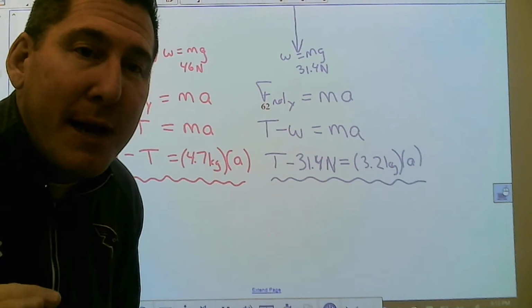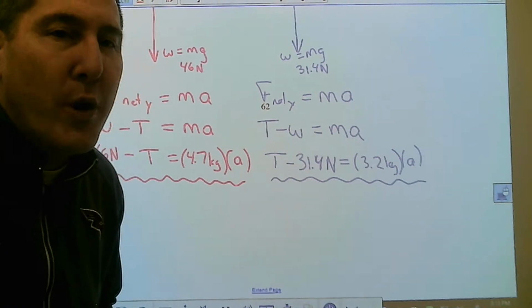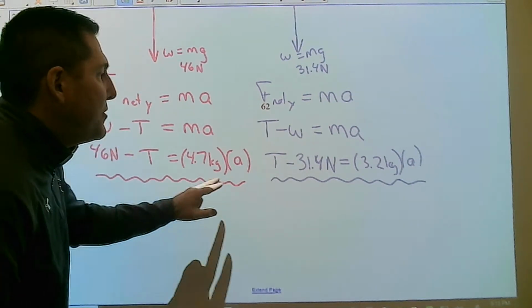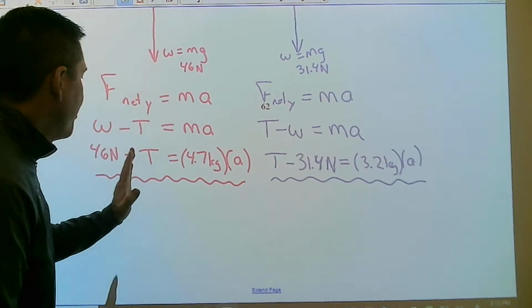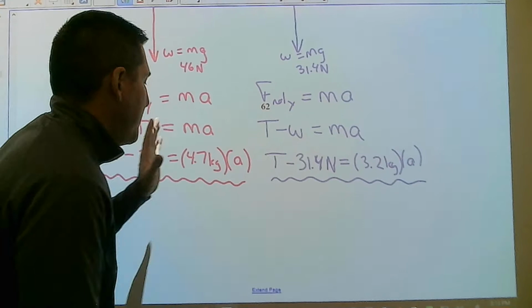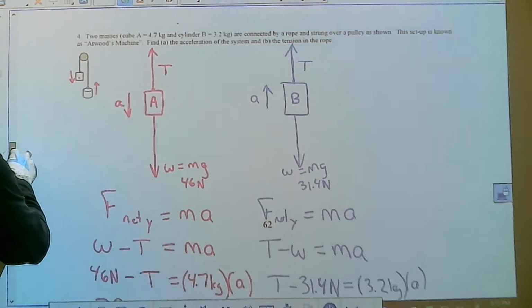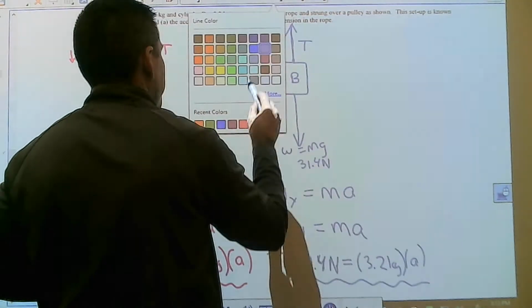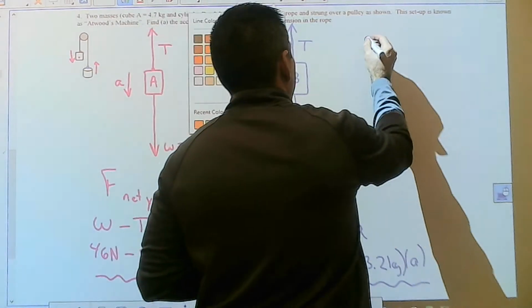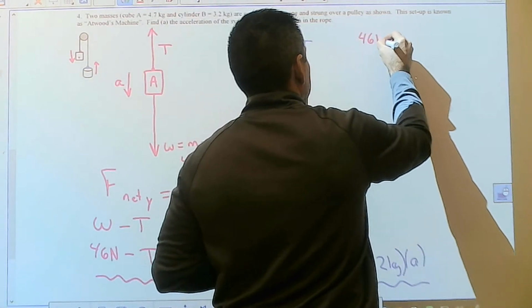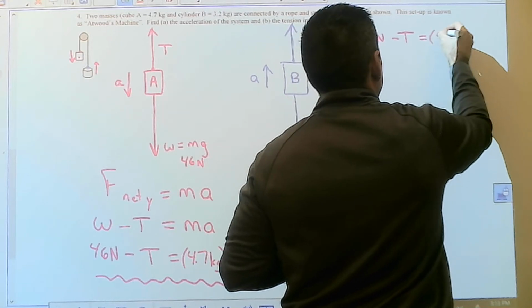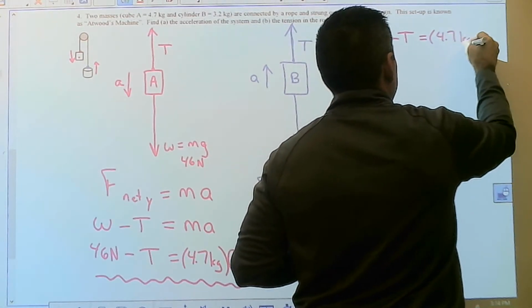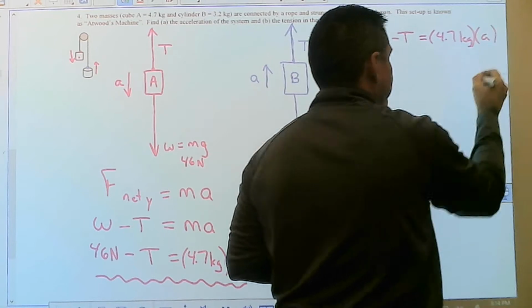But for Atwood machine problems, there's an even easier way. I'm going to line these two equations up right underneath each other with the newtons matching up, the tensions matching up, etc. So it's going to look like this. I'm going to take my pink equation, 46 newtons minus T equals 4.7 kilograms times a.